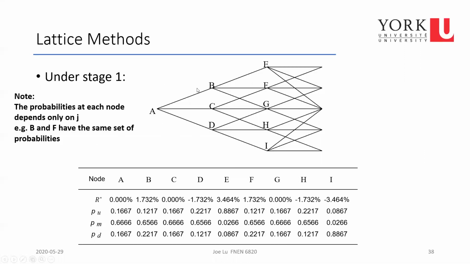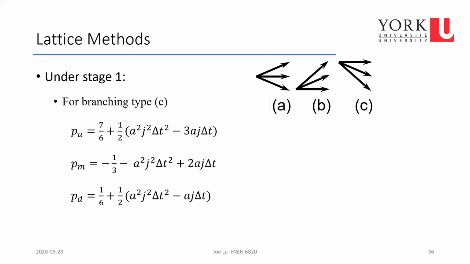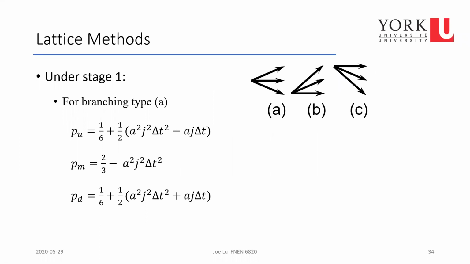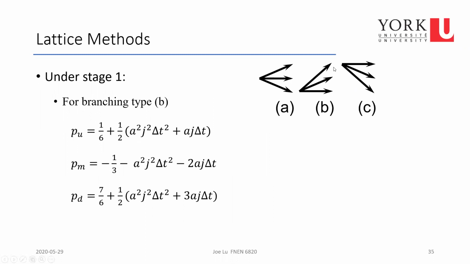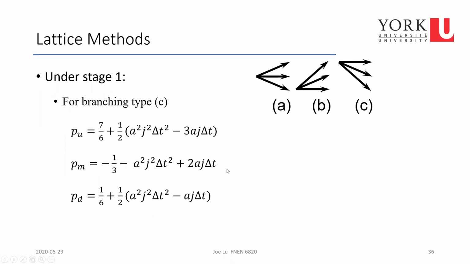So we can put the numbers here. The probability is then calculated based on the formulas we have before. If it's a type A type of branching, our probability is given by this set of formulas. If it's type B, we go by this set of formulas, and type C goes by this set of formulas.